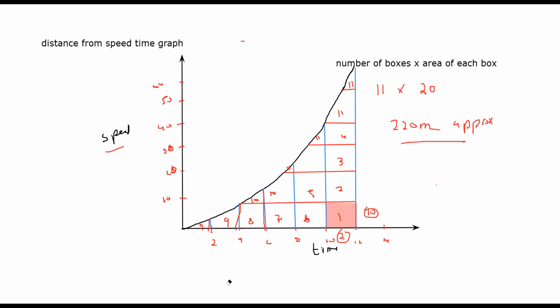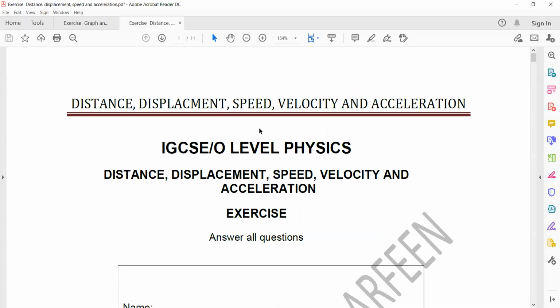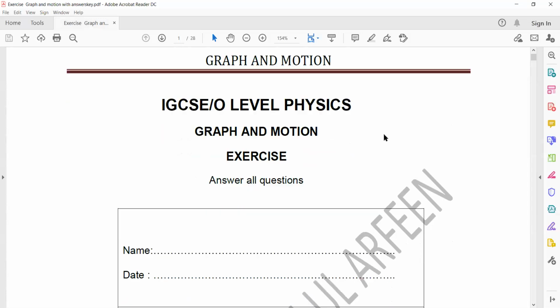That is how to find the distance traveled by the object using the area under the graph. Now some questions related to this discussion. This we'll discuss tomorrow. This is exercise homework, which you will solve and submit tomorrow.